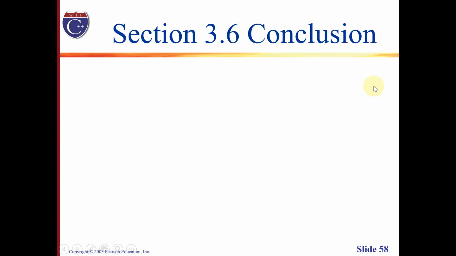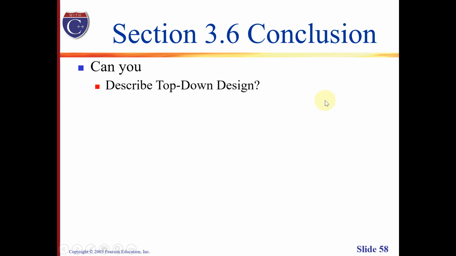That ends the last section of this chapter. In this section, it is expected that we now understand the concept of top-down design. If we recall, in the pizza buying program, we broke down a big problem into smaller subtasks, and we were able to translate each subtask into a function of its own.